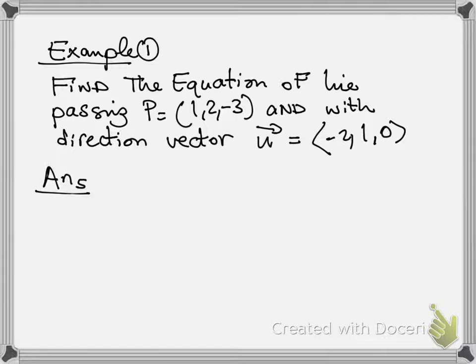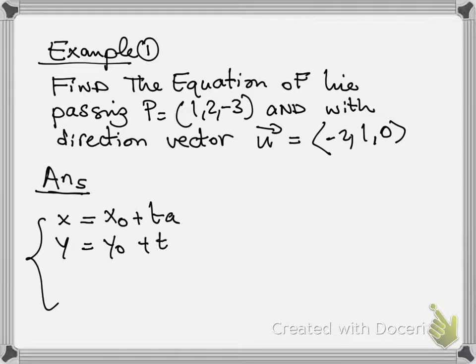So x is supposed to be x0 plus ta, y is y0 plus tb, z is z0 plus tc. So here, this is x0, here's y0, this is z0, and u, the direction vector, that's a, here 1 is b, and the c is 0.